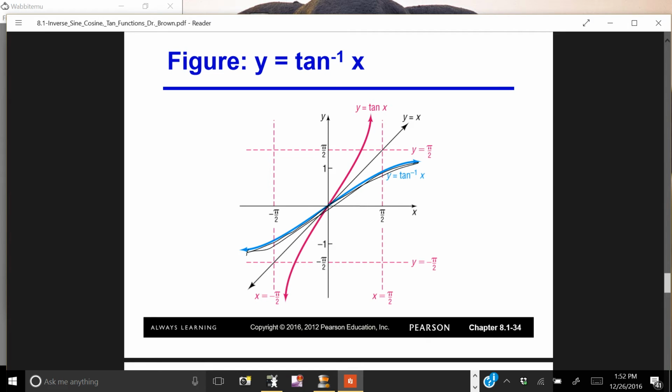And notice its y value will approach pi over 2, but never touch it. And the x value will go between minus infinity and plus infinity.